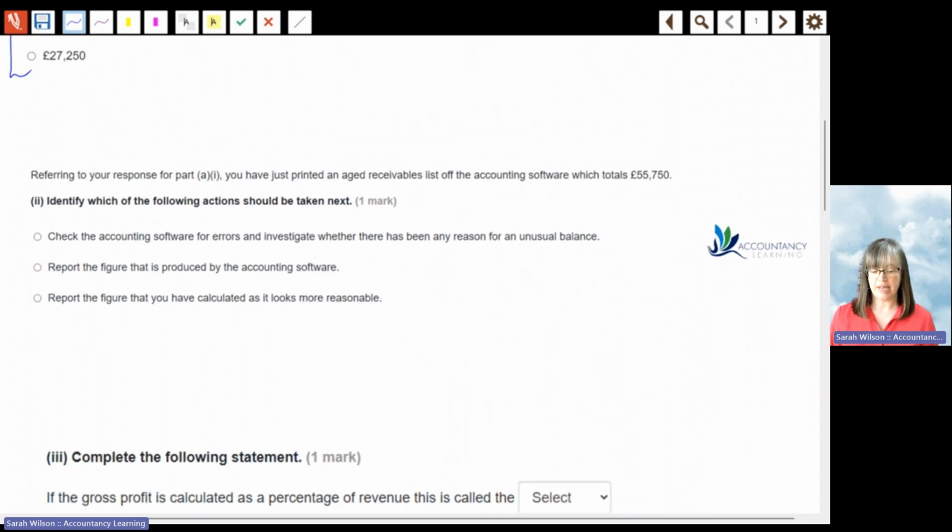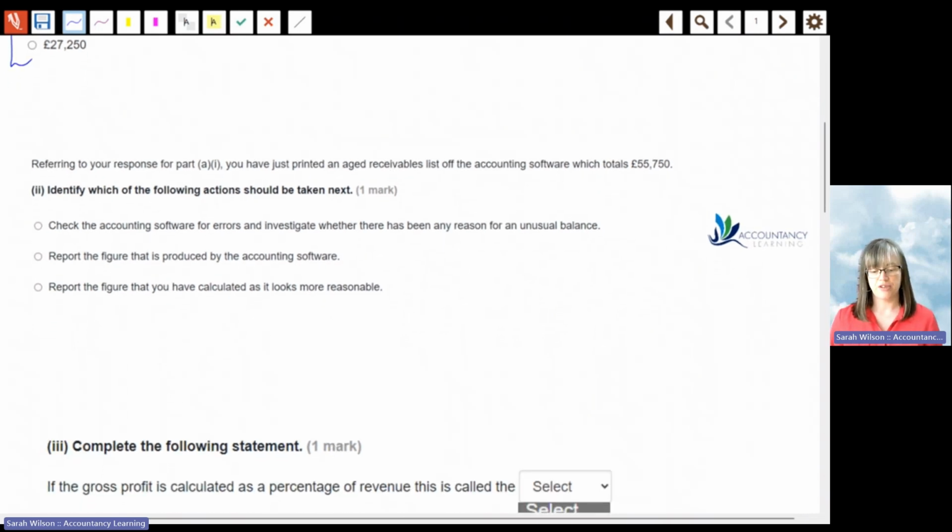Moving on to the second part of the question, it says referring to your response for part A, first part. So our answer to that was 8,726. We're then told that we've printed an aged receivables list off the accounting software, which totals 55,750.